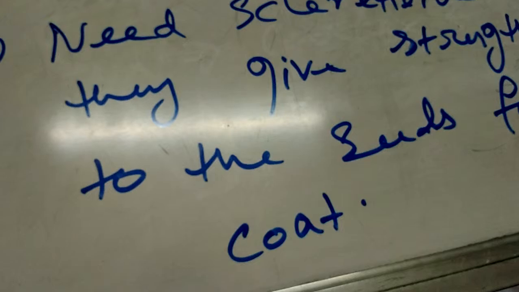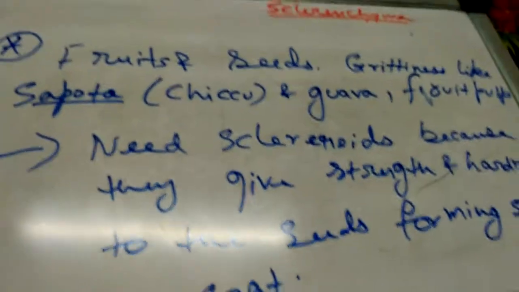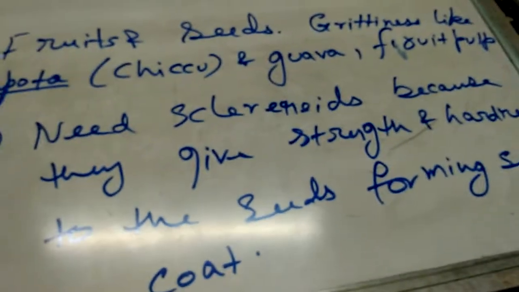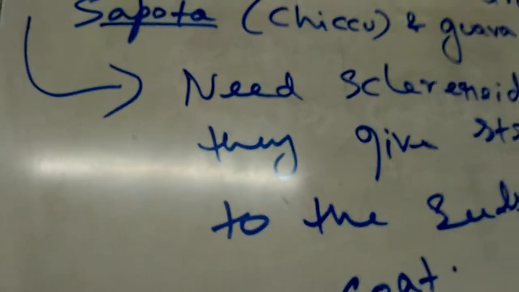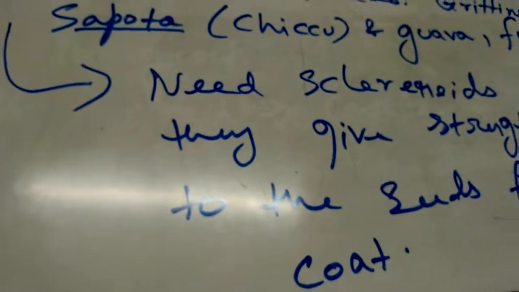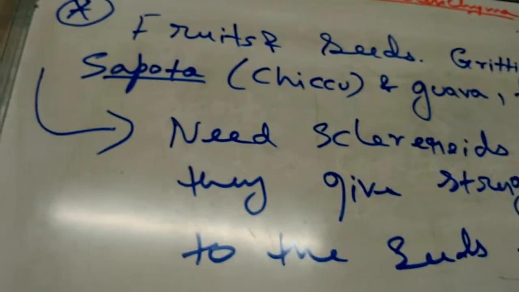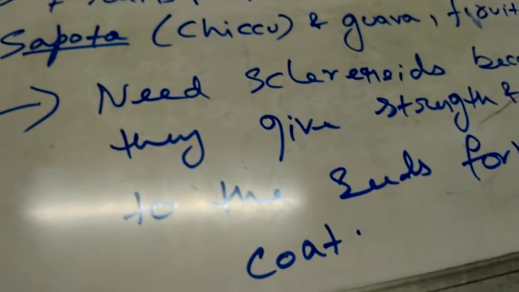The seed coat is a protective layer around the seed, and sclerids provide strength and mechanical support to these seeds.